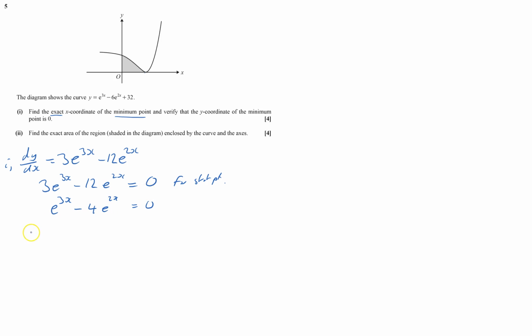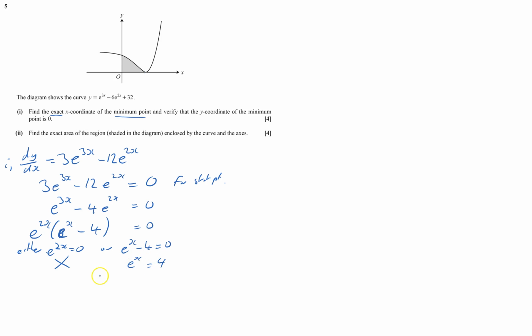And I can factorise this, taking out an e to the 2x, and that will just be e to the x minus 4 equals 0. So either e to the 2x equals 0, or e to the x minus 4 equals 0. Obviously e to the 2x can't equal 0, and so therefore we get e to the x equals 4.